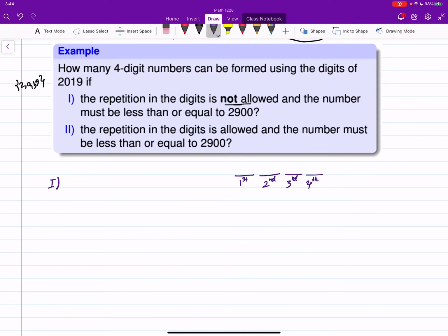So there will be only 2 possibilities here. Then let's say I started with 1. For any digit after that, I can put either 0 or 2 or 9. So there will be 3 possibilities here, including 9.